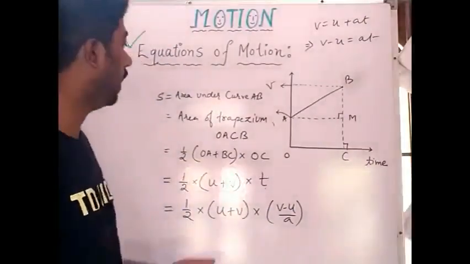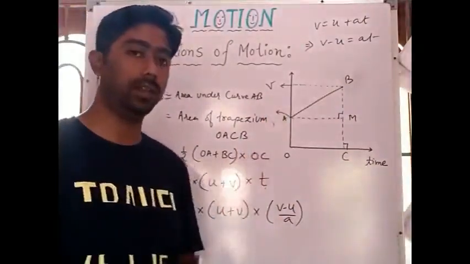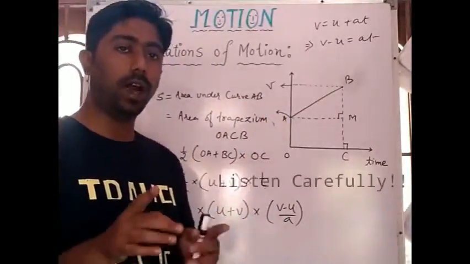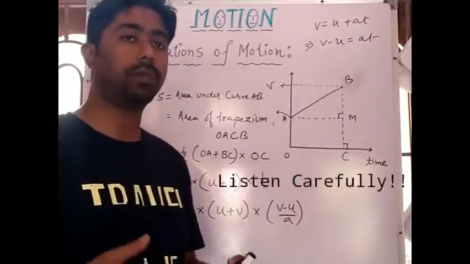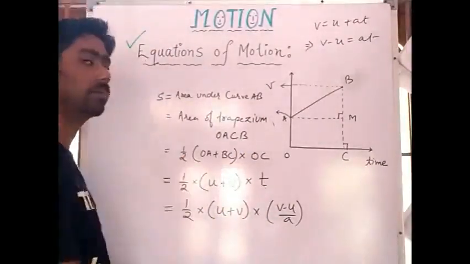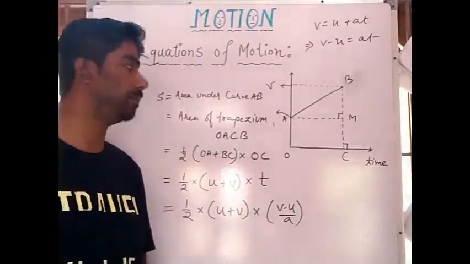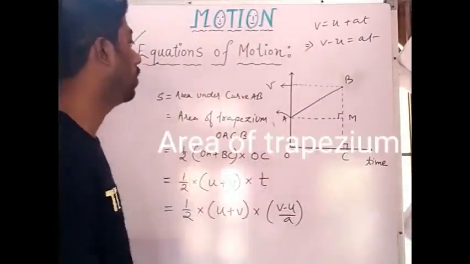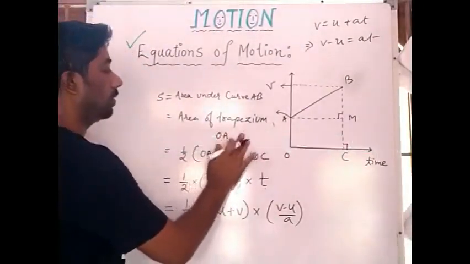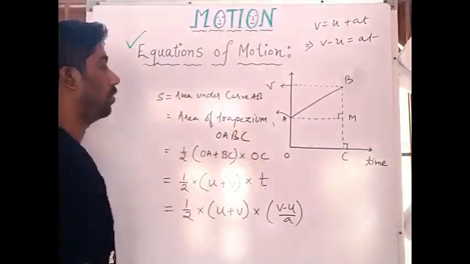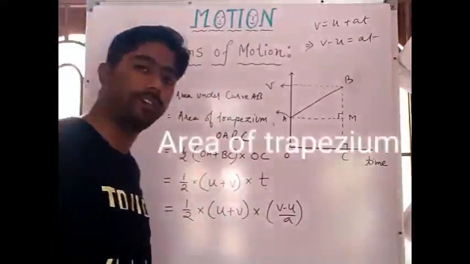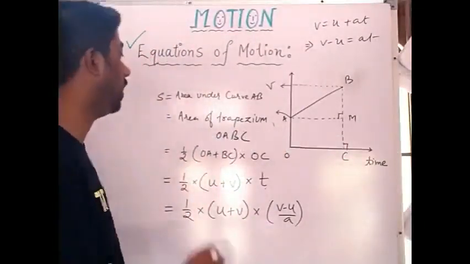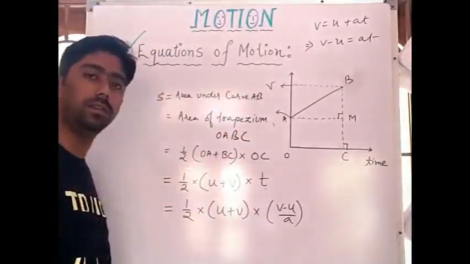But we can also say the area under the same graph AB, listen carefully, for this particular third case, can also be expressed like this: area of trapezium OABC. You can see it can also be rewritten as area of trapezium OABC.